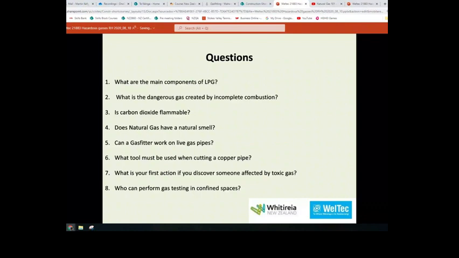He would need to isolate the pipe first. What tool must be used when cutting a copper pipe? This is not the tool to actually cut the pipe, it's the tool to ensure your safety. Yep, jumper leads, that's right.